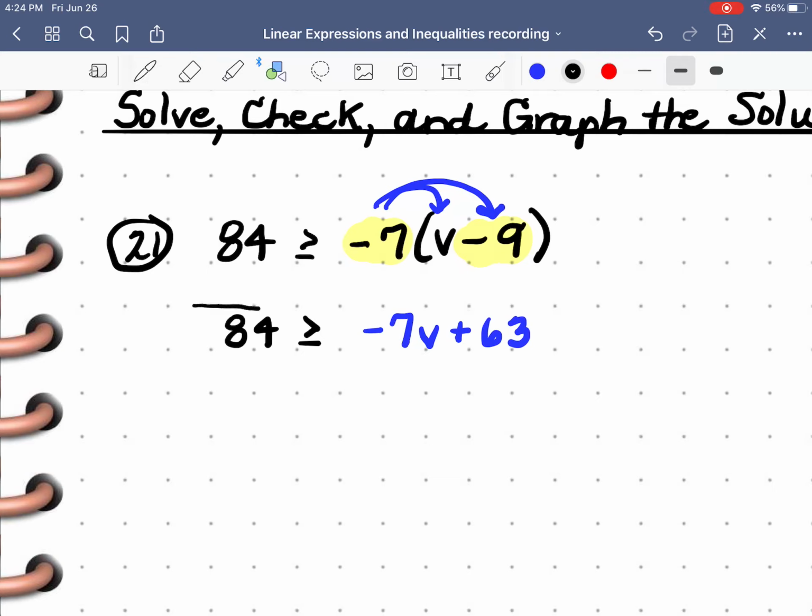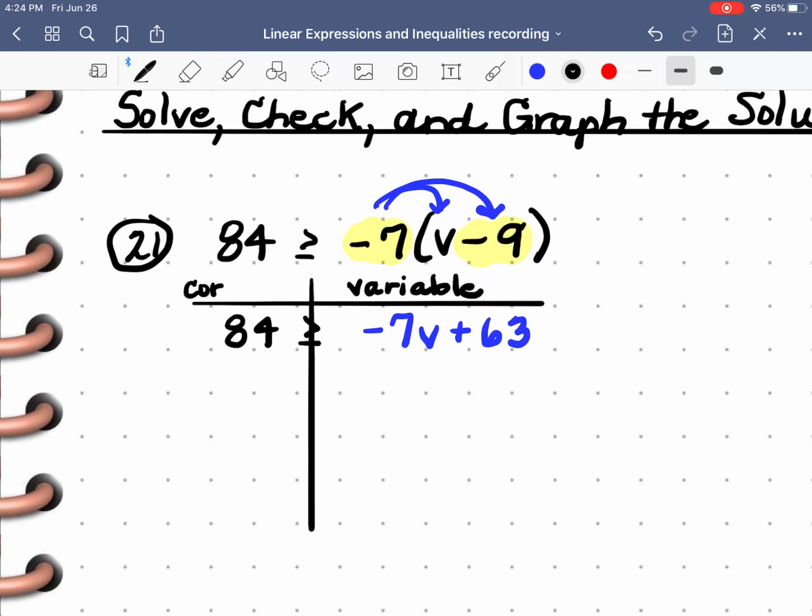So let's solve this inequality. I can already tell you that we have a closed interval, but we still need to know which direction that arrow is going to go, and we have to solve to know that. So here's the variable side, and here's the constant side.